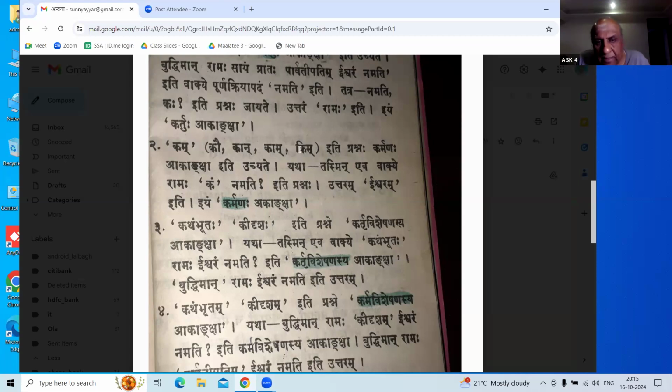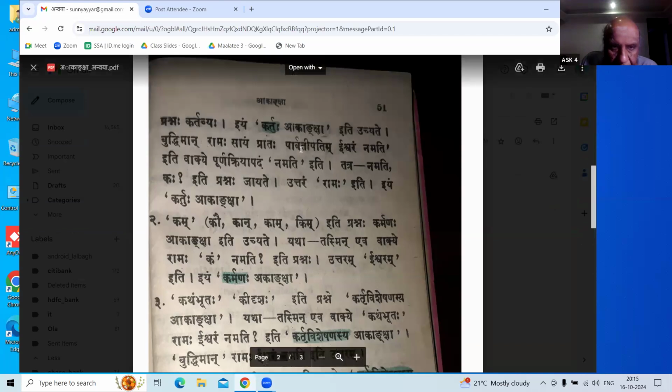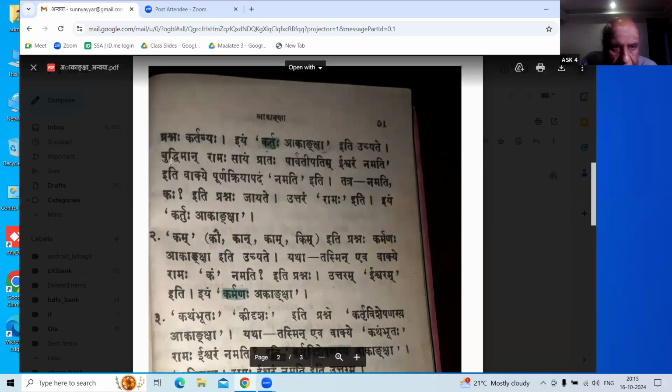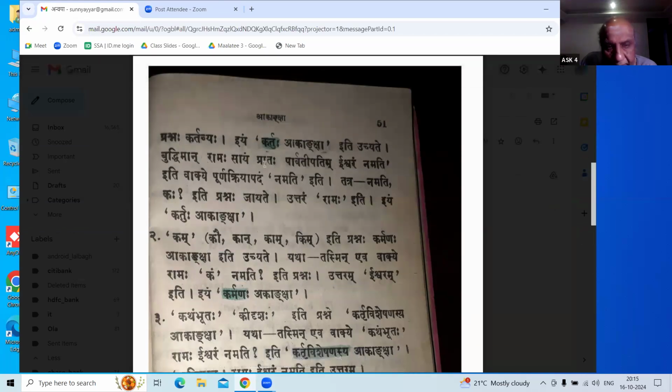This is karmana akanksha. Yatha, as an example, tasmin eva vakye, in the previous sentence itself that we took: Buddhiman Ramaha Sayam Prataha Parvati Patim Ishwaram Namati.